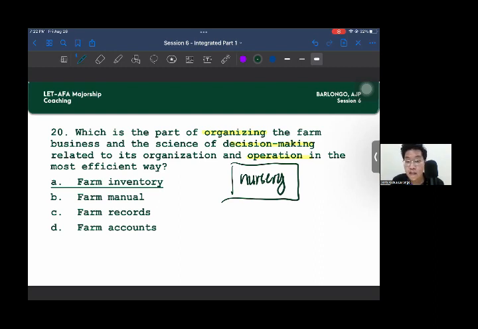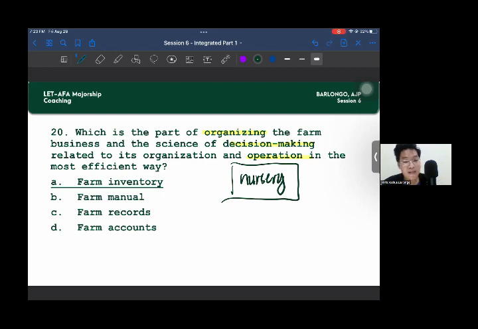So kapag kunwari hindi mo alam kung ilan yung supply mo ng ganitong klaseng machine, ilang tao yung nasa farm mo, it will be hard for you to operate. Kasi unang-una sa lahat, meron pa ba tayong machine na taga-cut ng, for example, chicken meat, o kaya taga-collect ng egg, yung mga ganon. So, that goes with the operation ng isang farm. So, those are some of the keywords that you need to think about here.